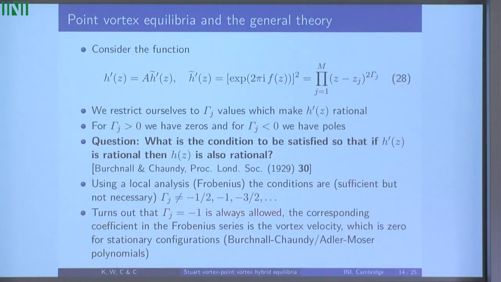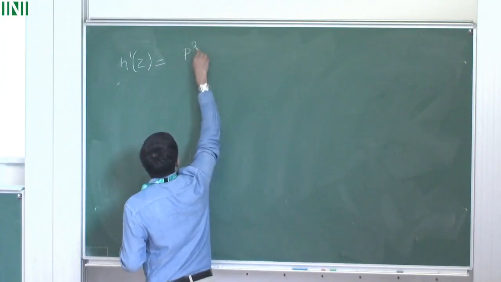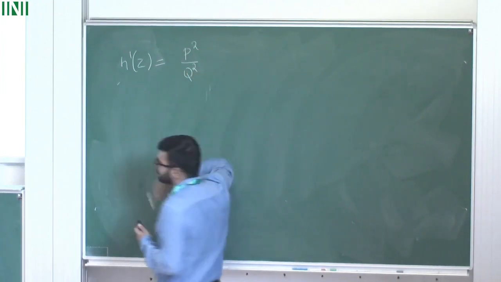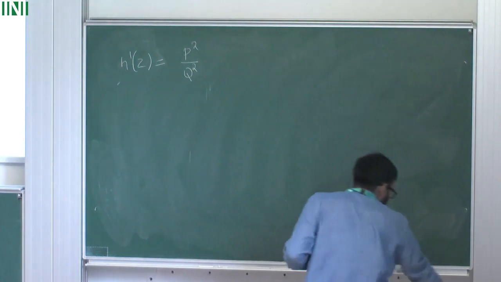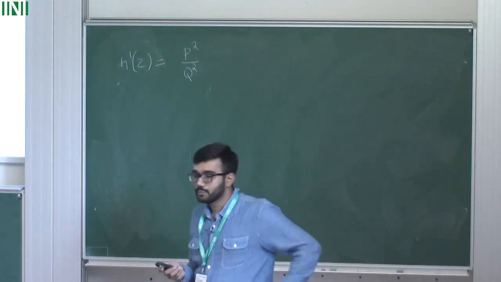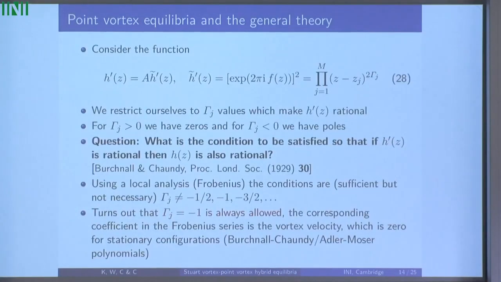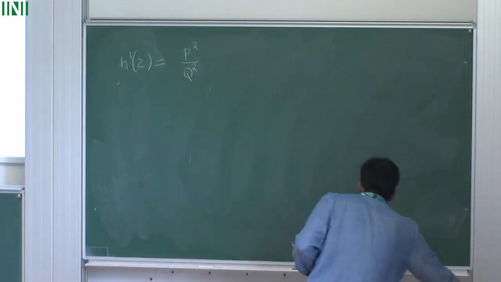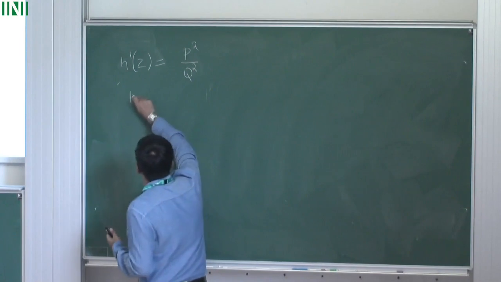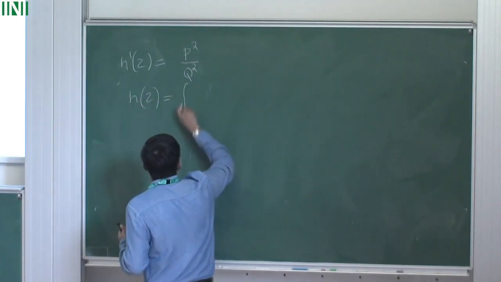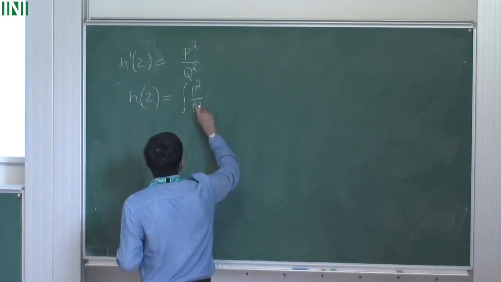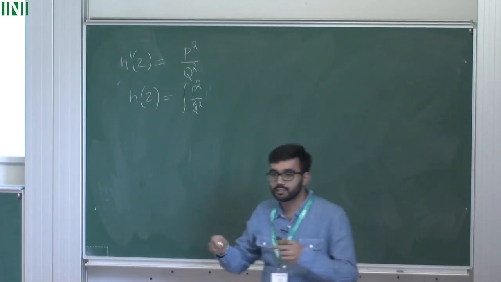Suppose H prime, I choose gamma such that H prime is the square of a rational function with numerator p and denominator q. So then if H prime is rational, H is the integral of this, and is this rational? That is, does it have logarithms?